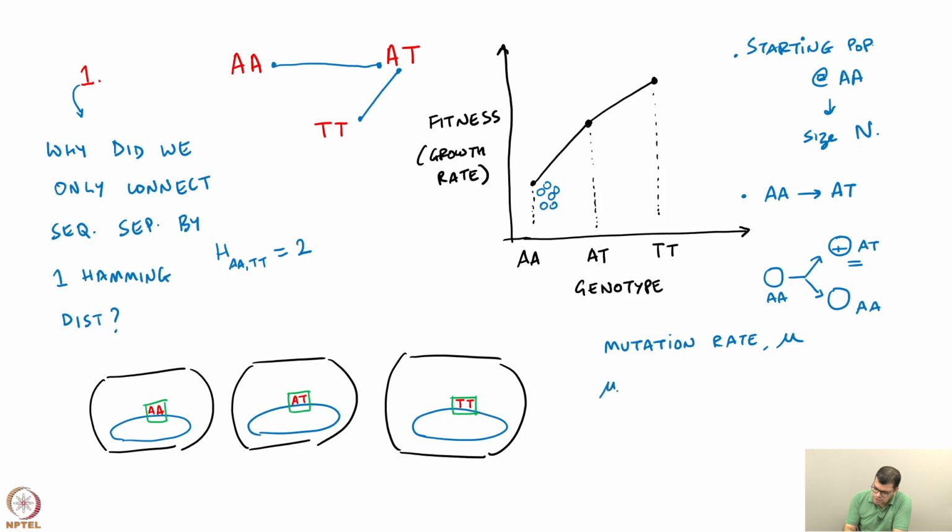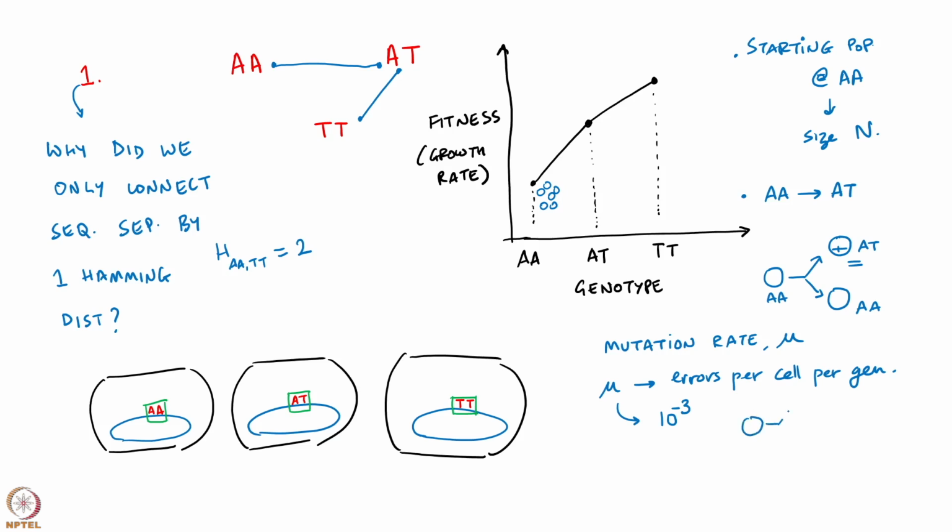So, the units of mu are errors per cell per generation, and in E. coli the value of mu is 10 to the power minus 3, which means that in 1000 divisions, there will be one error that takes place during the process of replication.